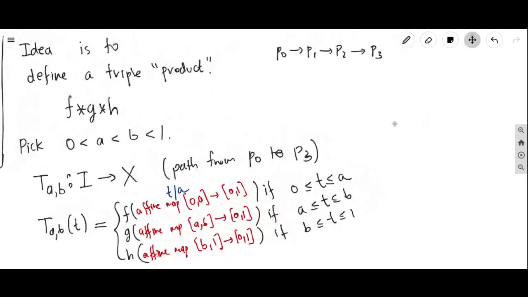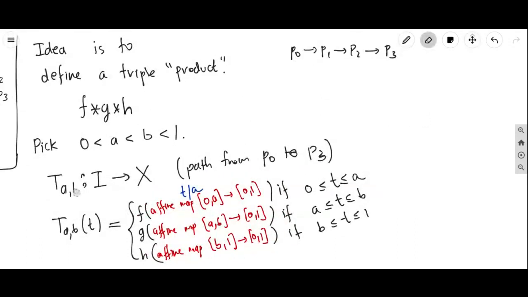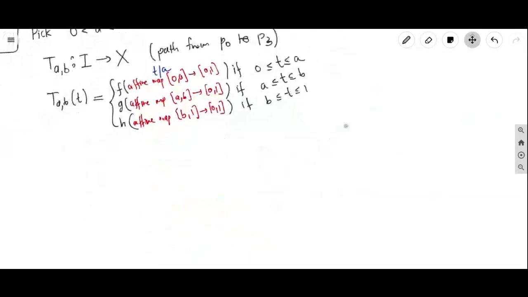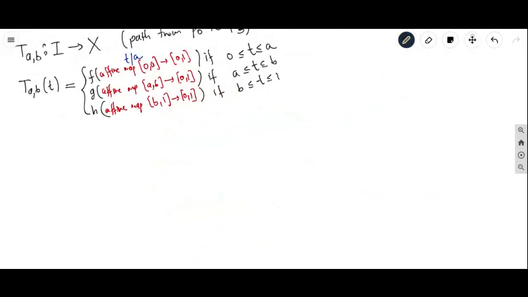So you basically have different choices for how to define the triple product. You see, you're trying to define the path using all three, so you have to choose the cutoff points. You want to choose exactly when you activate each of the functions. And what Moncrief shows is this.